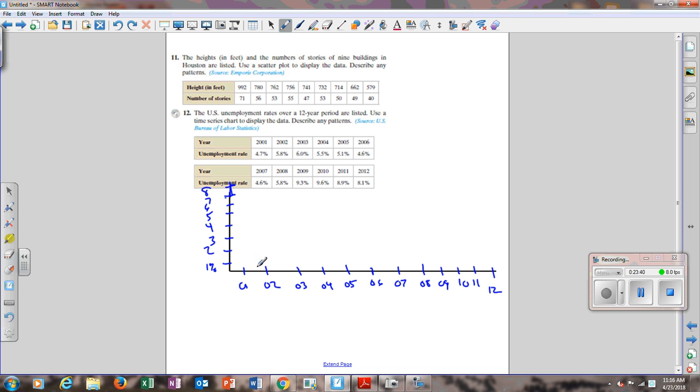All right, in 2001, it was at 4.7%. So it was like there.